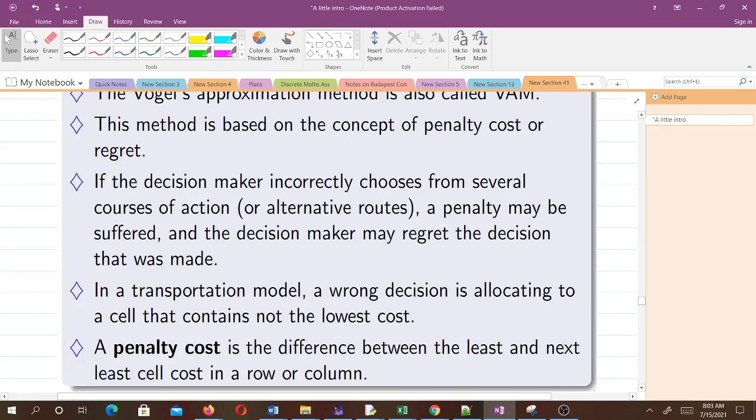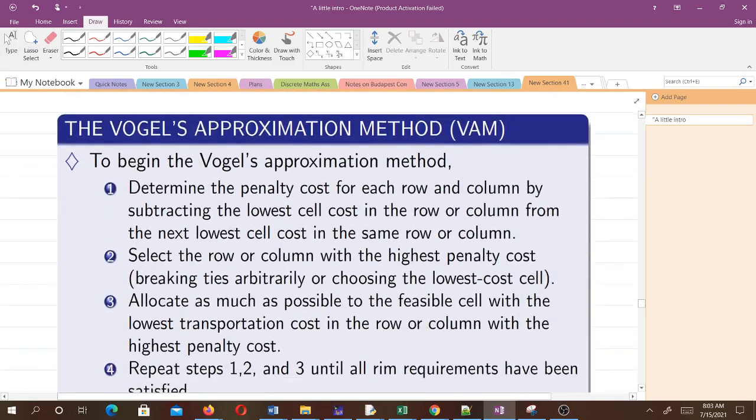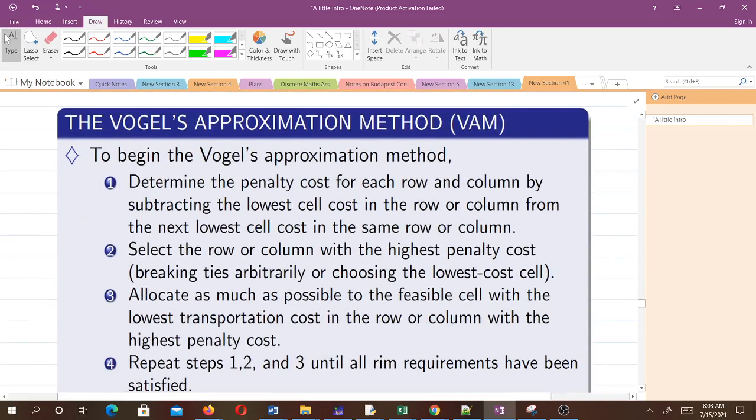Okay. So this is the algorithm for the Vogel's approximation method. First, we determine the penalty cost for each row and column by subtracting the lowest cell cost in a row or column from the next lowest cell cost in the same row or column.